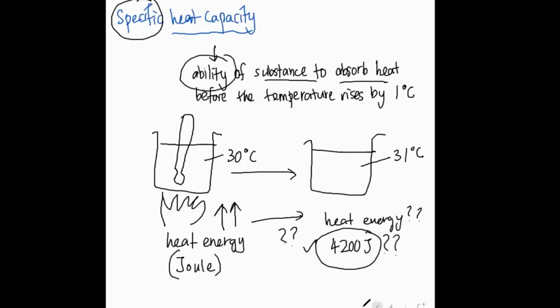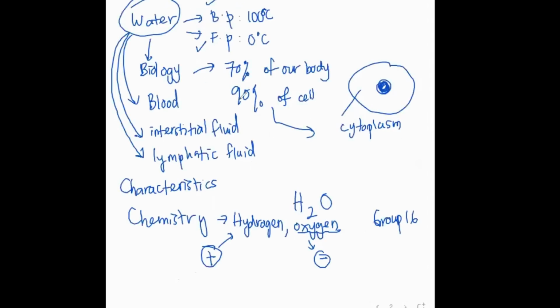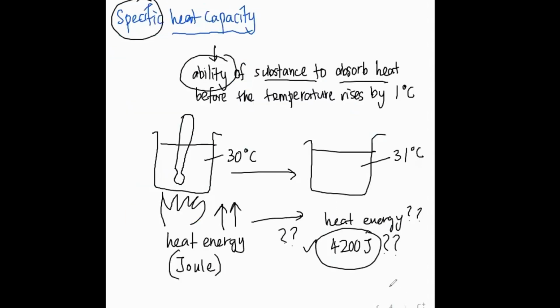At the beginning, what did I say to you? Our body is made of water, 70%, 90% in the cell. So we can maintain our body temperature at 37 degrees Celsius, partly because of the heat capacity of water. The specific heat capacity of water is very high.